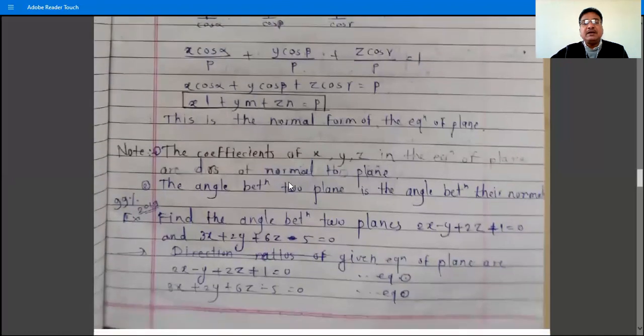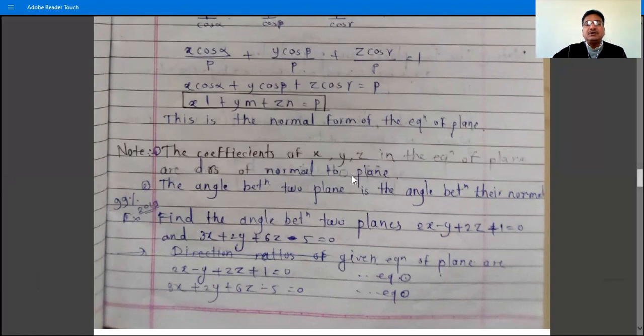If the equation is in the general or linear form, that is ax plus by plus cz plus d is equal to 0, then the coefficients of x, y, z are the direction ratios of the normal to that plane.